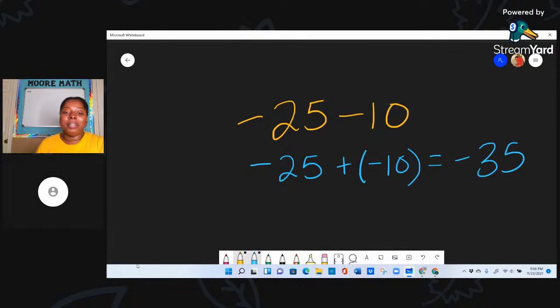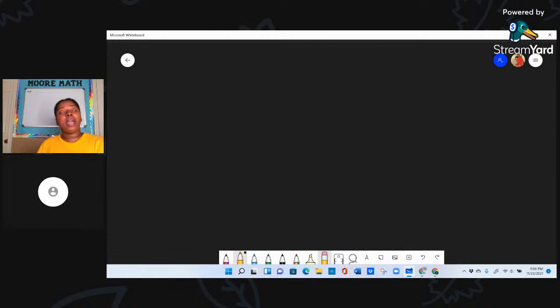Nice job. Okay, this is the last one, but you know what? You actually are doing really good with the adding rules and the multiplying and dividing rules. It was just the subtracting rules that were tripping you up. So I want you to do these 2 problems for me and then tell me the answer after you finish both. Okay.